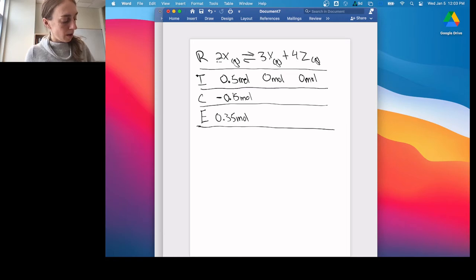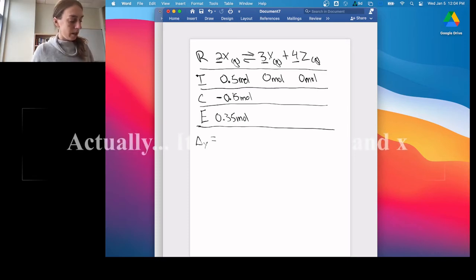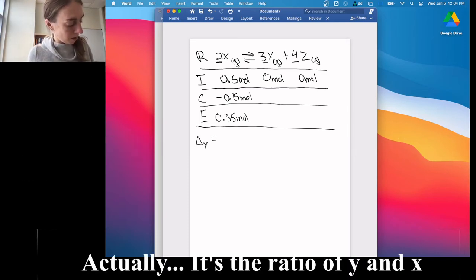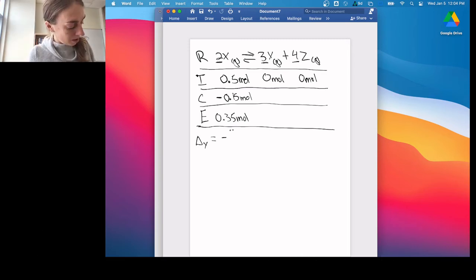And we can do some stoichiometry here to figure out our change in Y and Z. We know here that if we lose 2X, we're going to gain 3Y and gain 4Z. So our change in Y is the stoichiometric ratio of Y to X, 3/2, times however much we lost, negative 0.15.